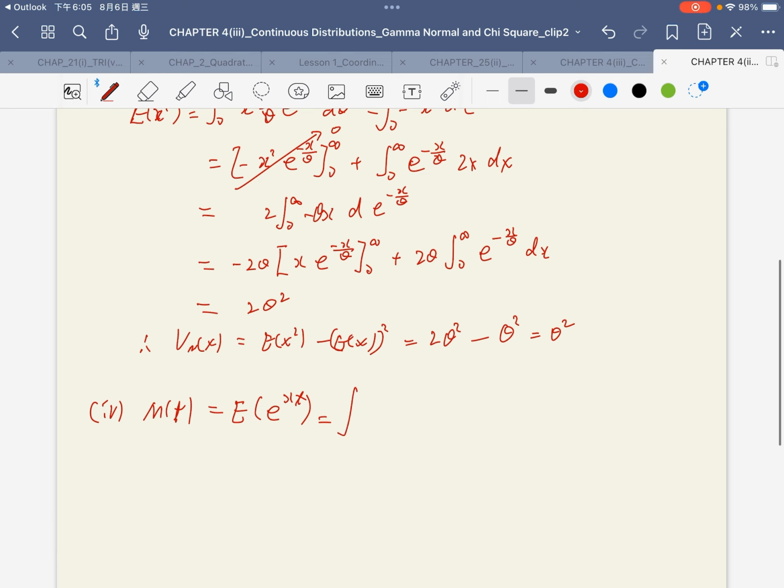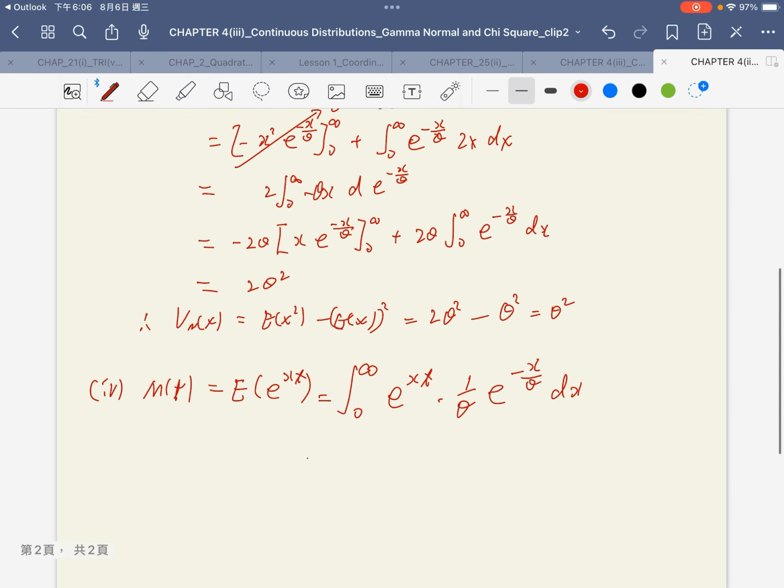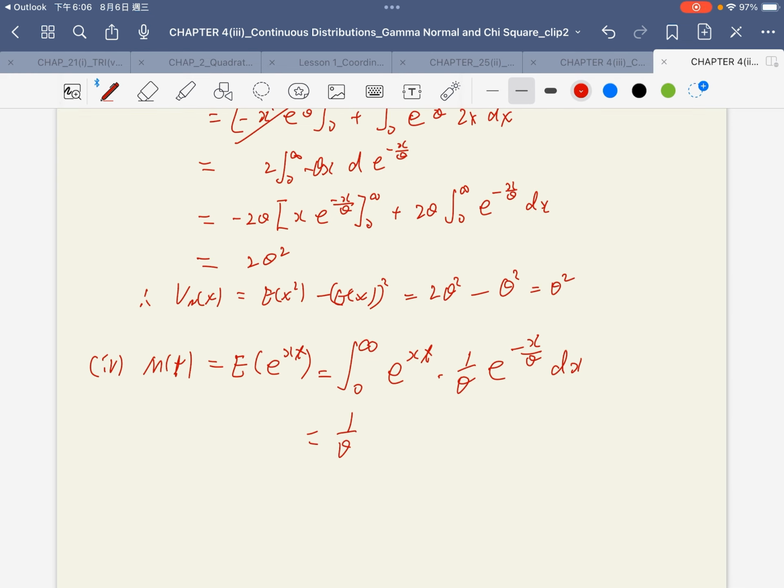That is the integration from 0 to infinity of e to the power xt times 1 over theta e to the power negative x over theta dx. 1 over theta moves outside the integration, then we have x times (t minus 1 over theta).